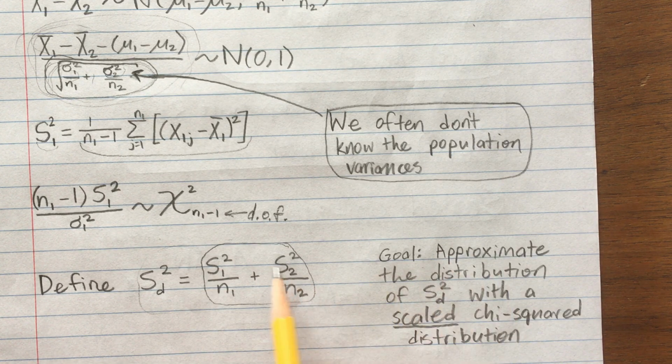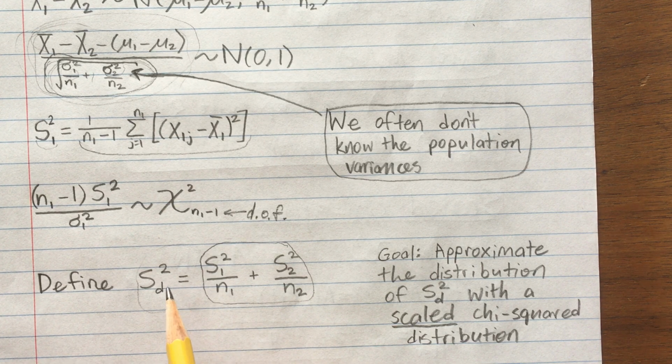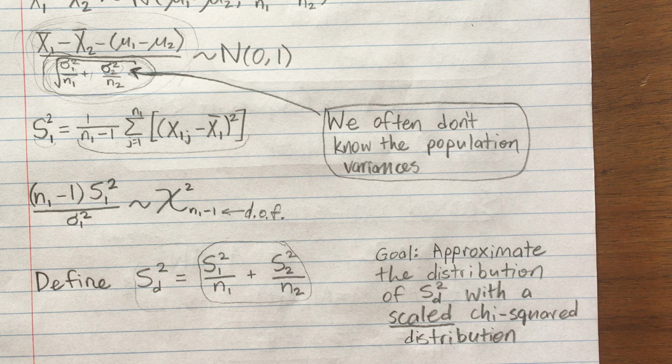That's because we're going to find that SD squared follows a scaled chi-squared distribution, which makes sense because the sample variances also follow scaled chi-squared distributions.